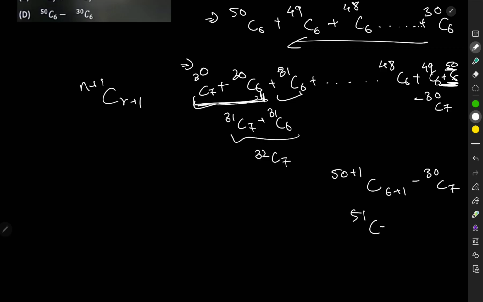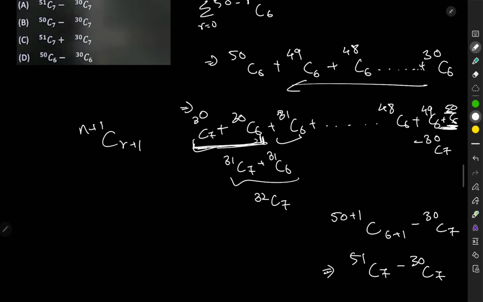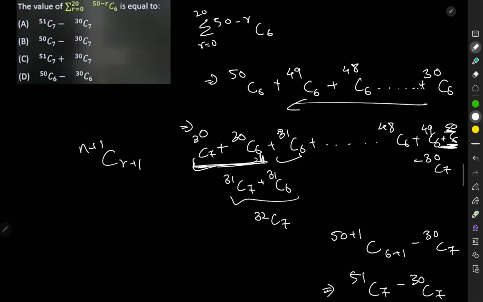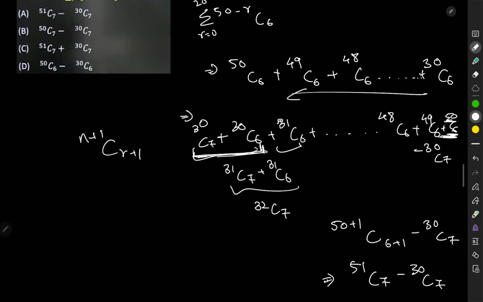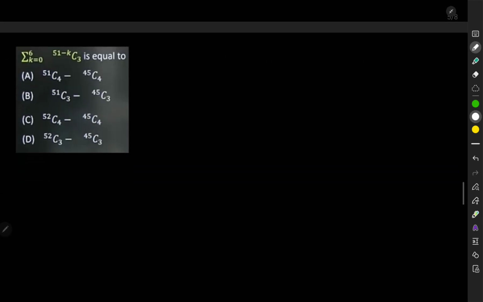So you'll get 51C7 minus 30C7, and that will be the answer. 51C7 minus 30C7, option B, fine.